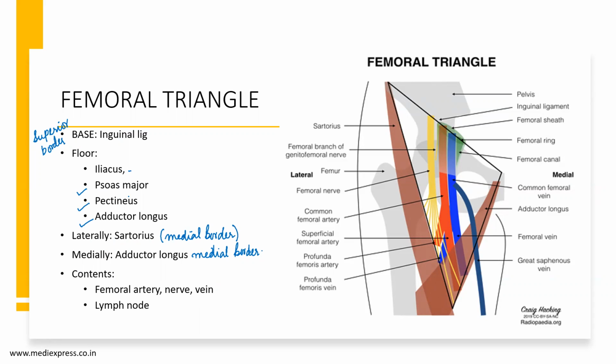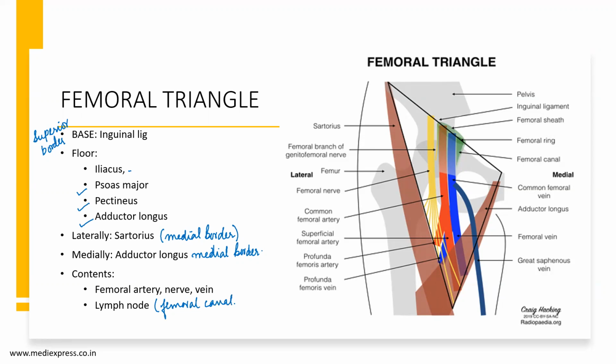Okay. Now, next one is the contents. Contents are basically femoral artery, femoral nerve, and femoral vein. Apart from that, we have the lymph nodes also. Now, where do the lymph nodes stay? That is in the femoral canal.